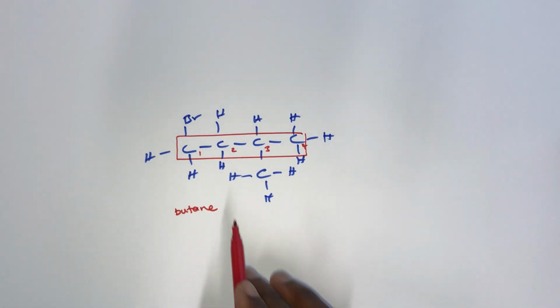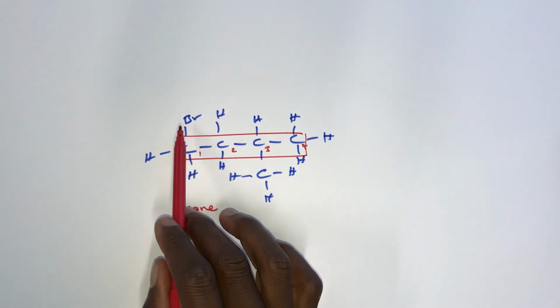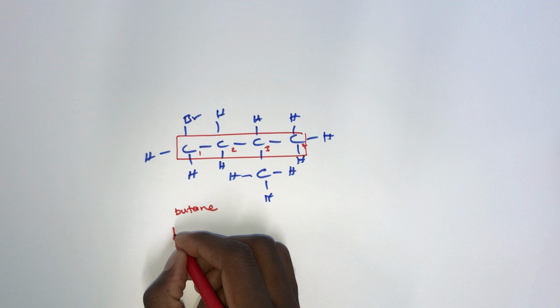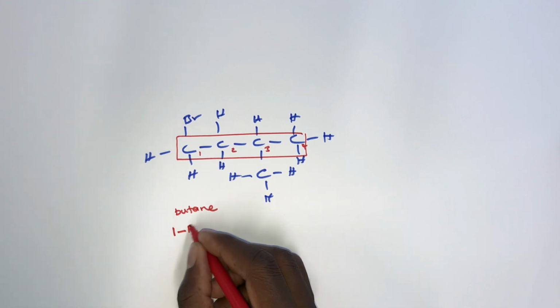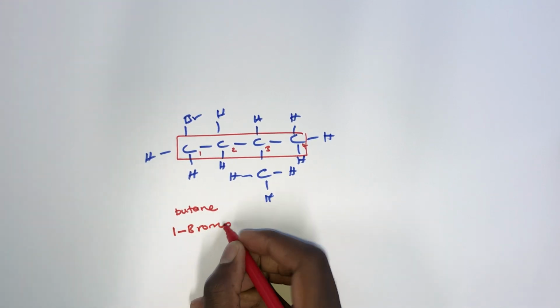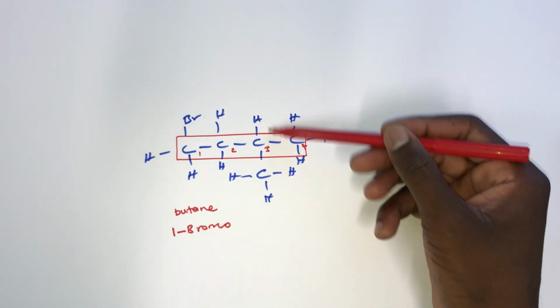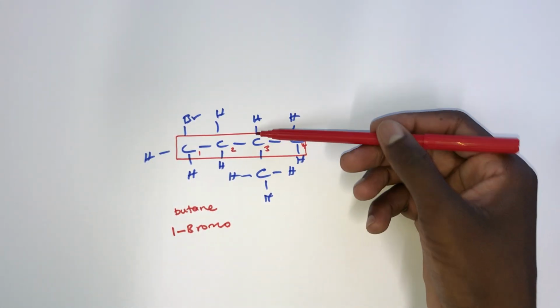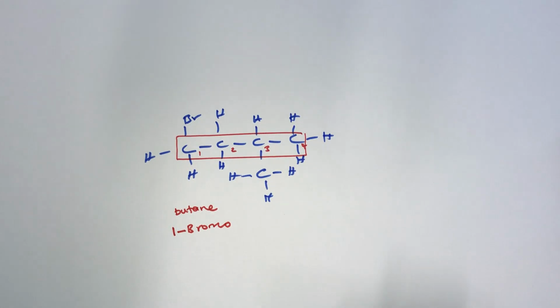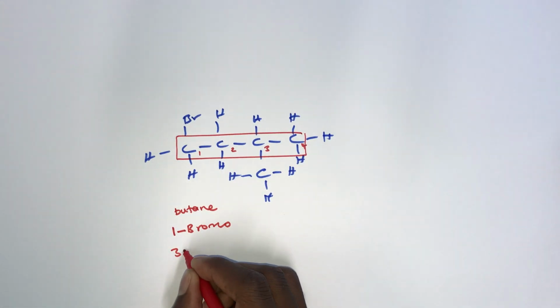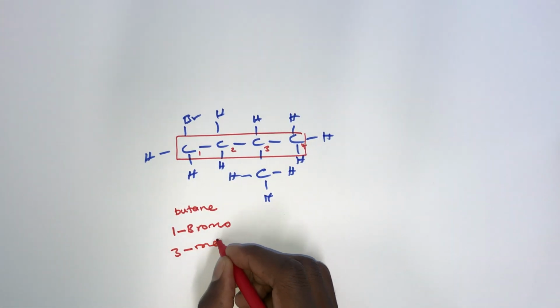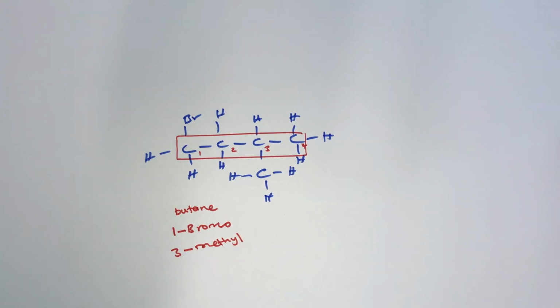Now let's check carbon atom number 1. There is bromine, so we're going to say 1 dash bromo. And then carbon atom number 3, you remember how to name a branch. In carbon atom number 3 there is a methyl, so we say 3 dash methyl.